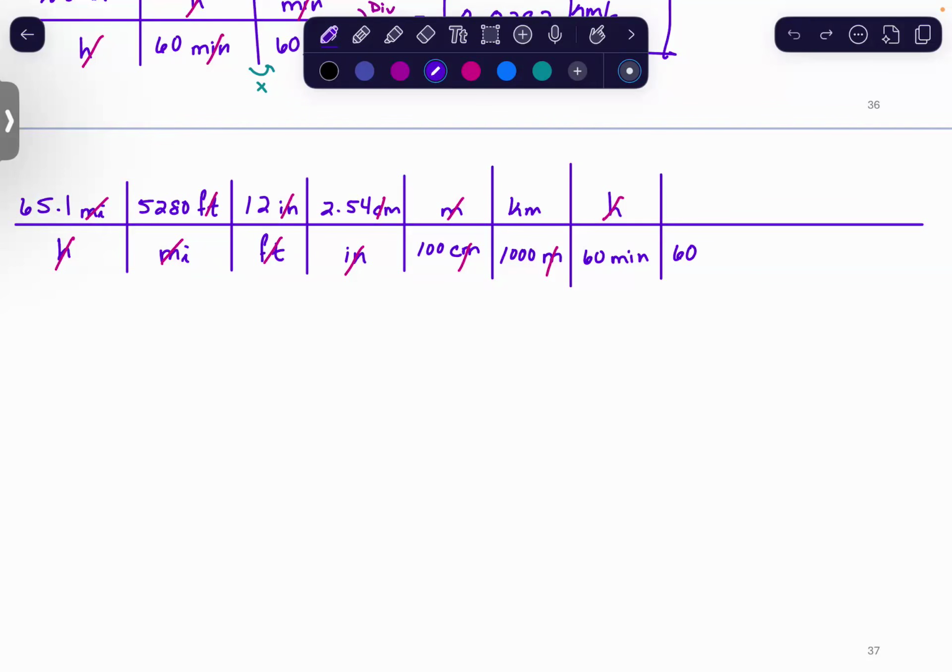Not minutes, we already did that one. 60 seconds in a minute. Okay, and so then minutes divide out minutes, and we are up to kilometers per second.